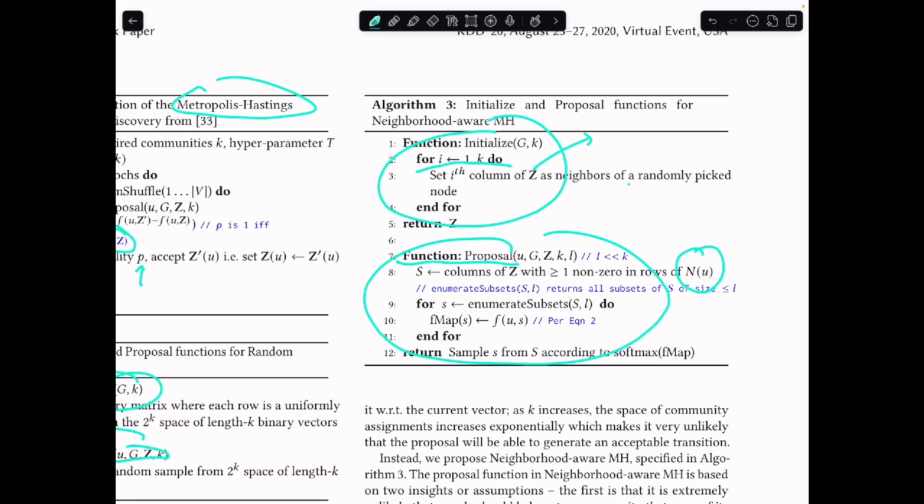As we summarize here, first of all, you only look at the neighbor nodes' communities when you calculate the new assignment. And second, you limit the number of communities you look into. With these two heuristics, the Twitter paper claimed that they're able to calculate the producer representation and unblock the scalability issue.